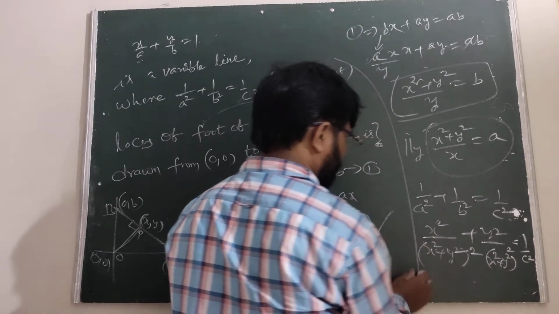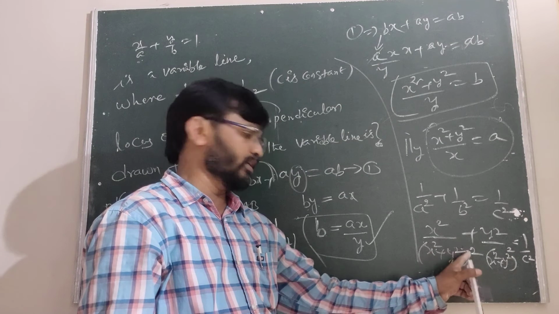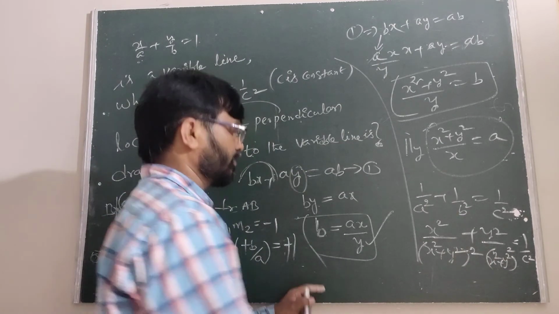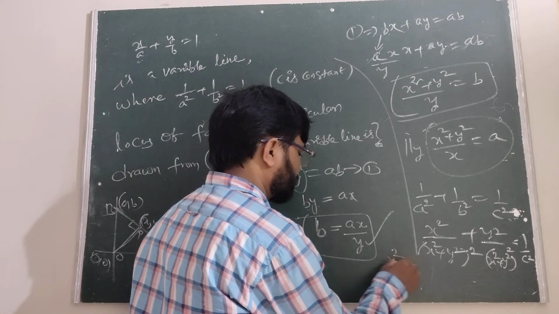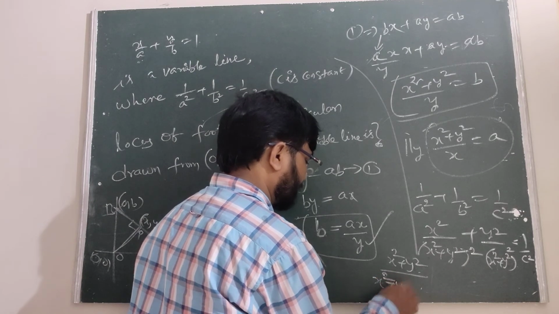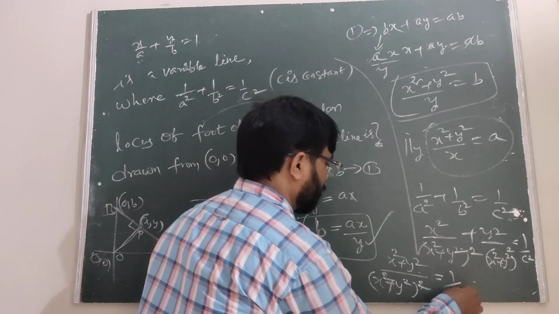Now we are taking the LCM. X square plus y square whole square is there. Now this is x square plus y square upon x square plus y square whole square is 1 by c square.